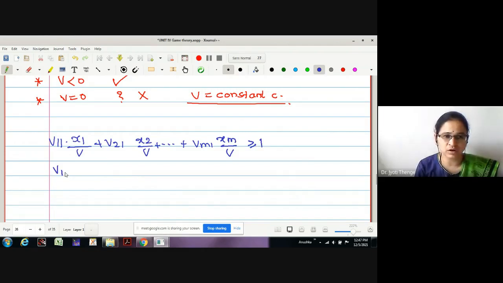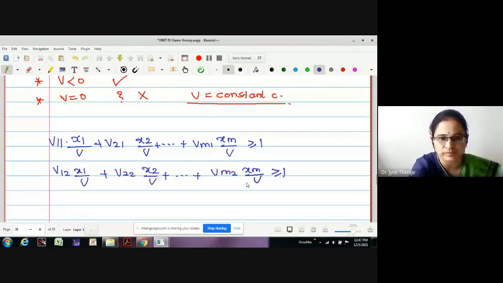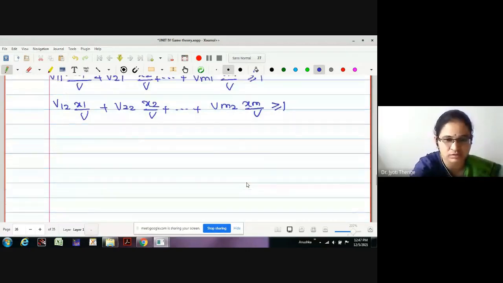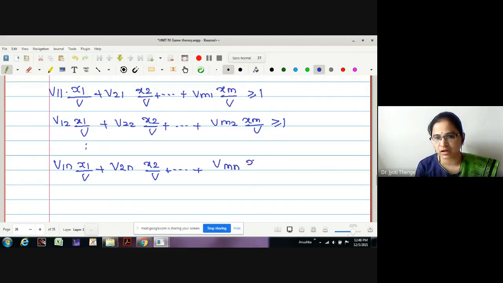Second one: v12 x1 by v, plus v22 x2 by v, and so on, plus vm2 xm by v, is greater than or equal to 1. What is the last one? v1n x1 by v, plus v2n x2 by v, and so on, plus vmn xm by v, greater than or equal to 1.